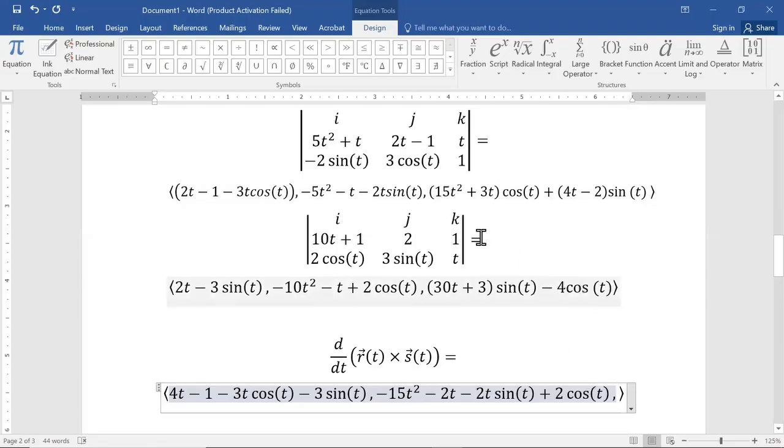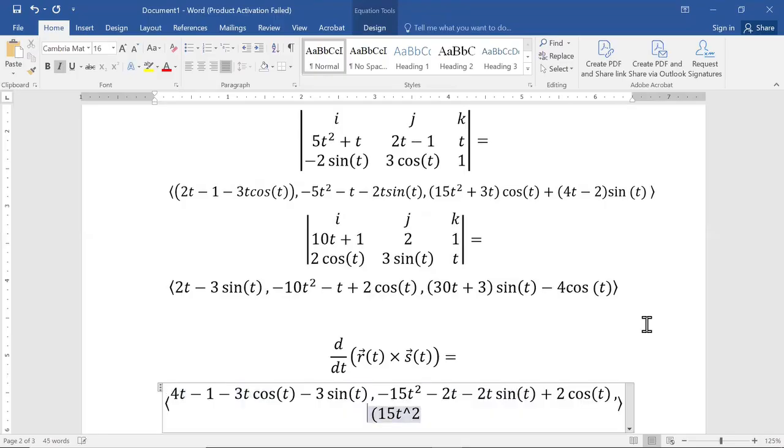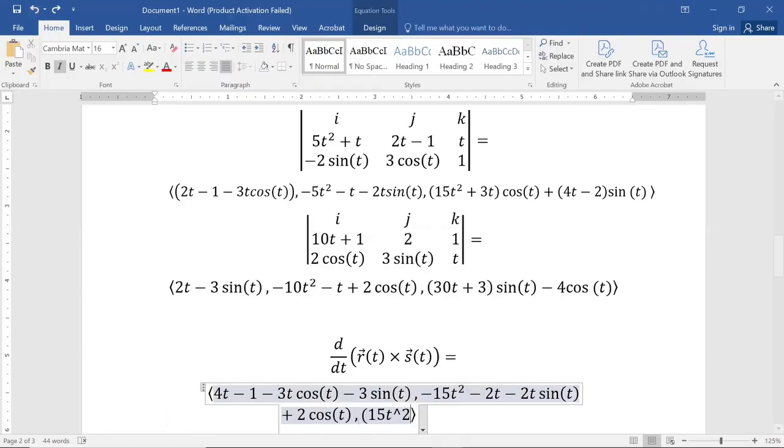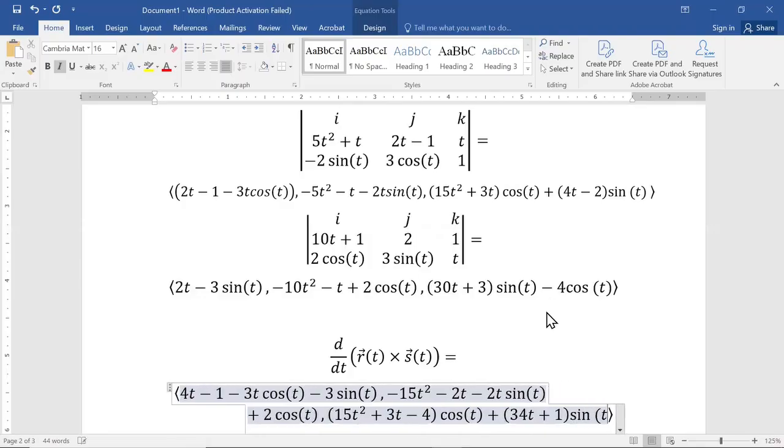So let's do the cosines first. 15t squared plus 3t minus 4, all in front of a cosine of t, plus the coefficients of sine here plus the coefficients of sine here add to 34t plus 1, all the coefficient in front of sine of t.